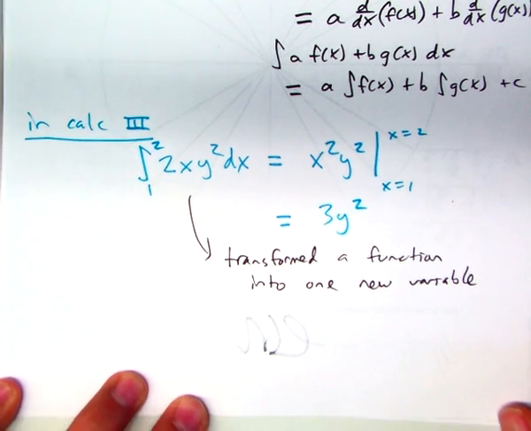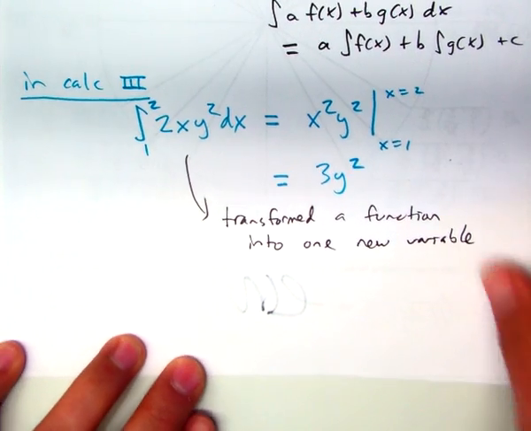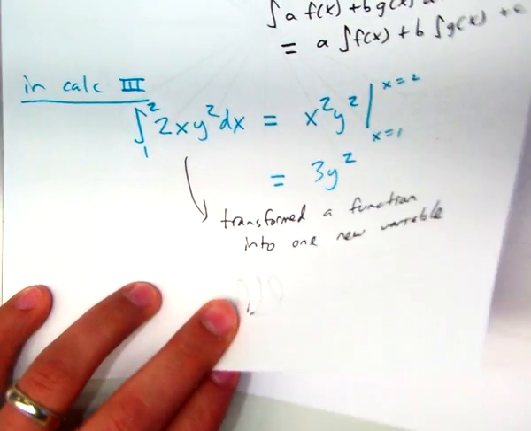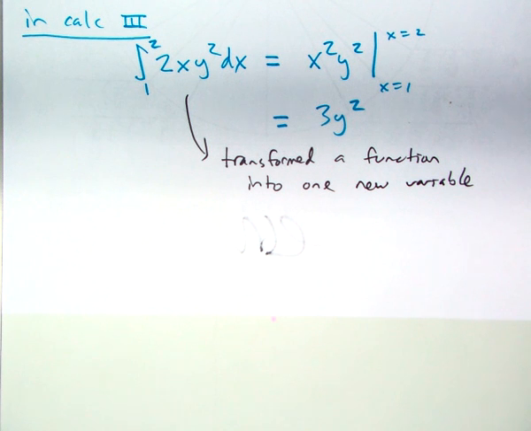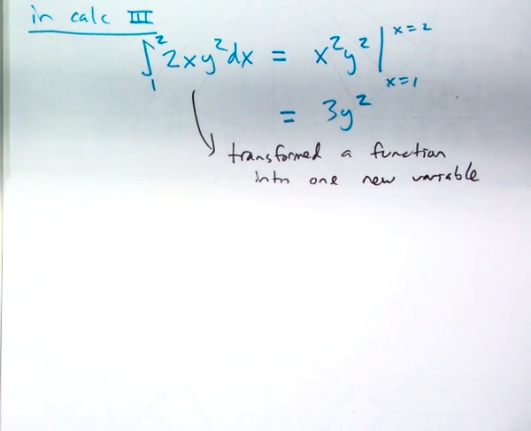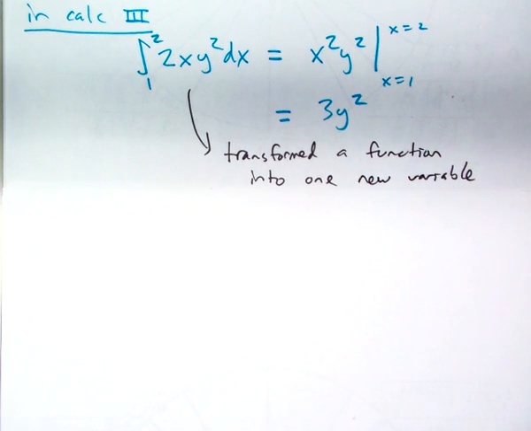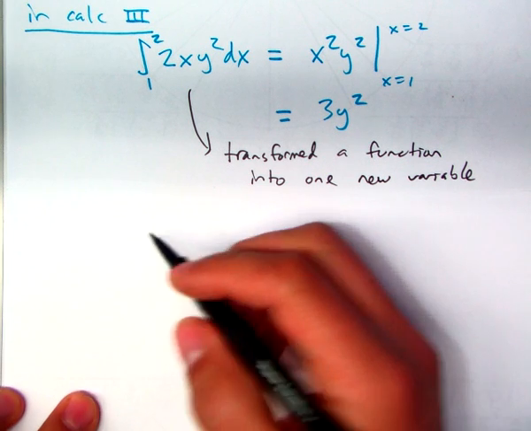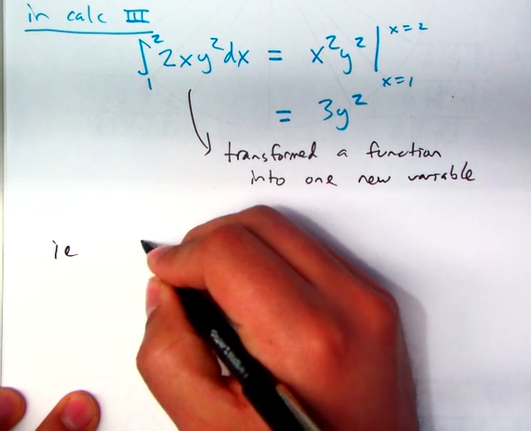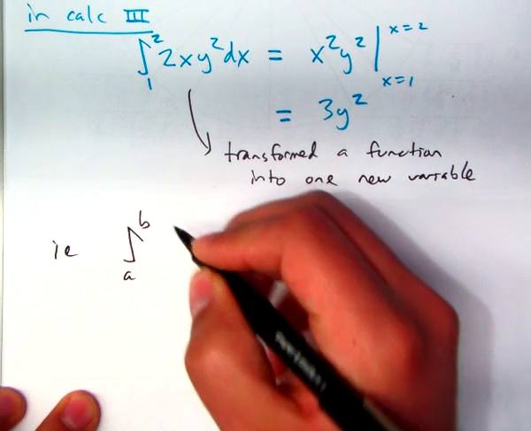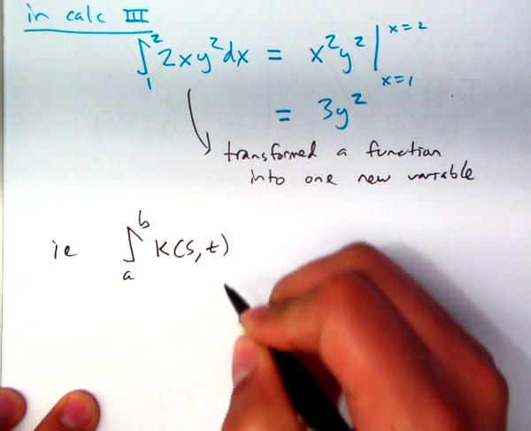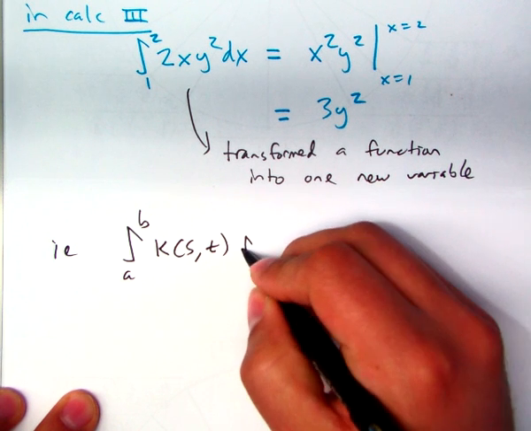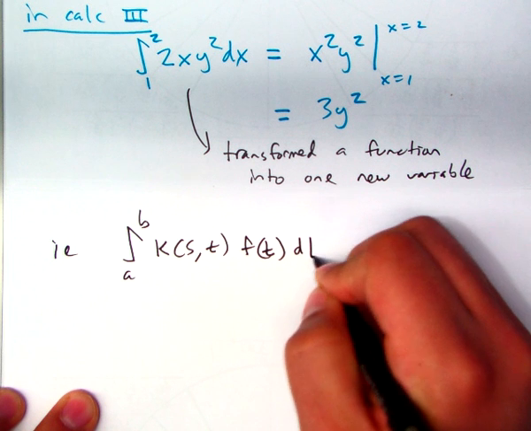So now if we generalize this idea, let's say we have an integral from a to b of some function k of st times f of t dt.